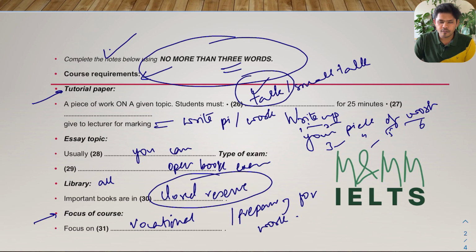Your piece of is not that important and is not necessary. Yes, if I was given the liberty, use as many words as you want, or use 6 words, whatever the maximum limit is, let's say it's 6 words, then I would have straight away written exactly what was told in the audio, which was write up your piece of work, okay?